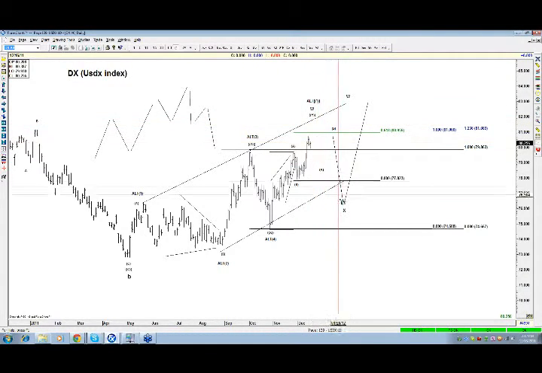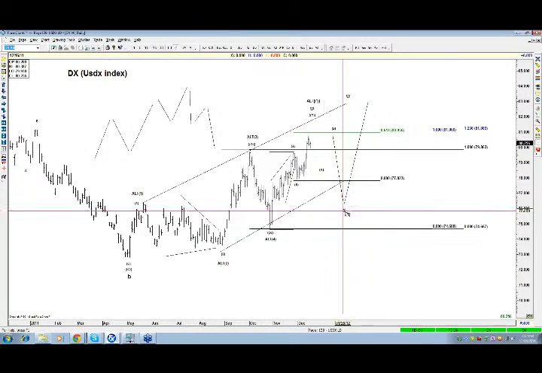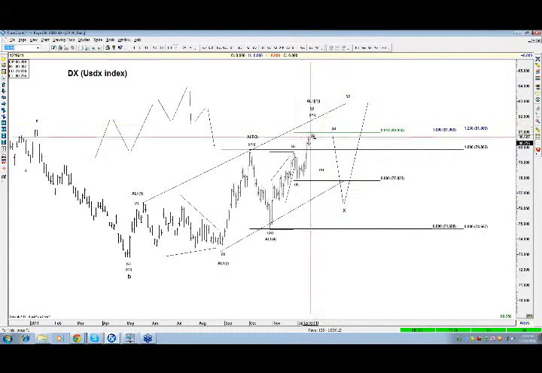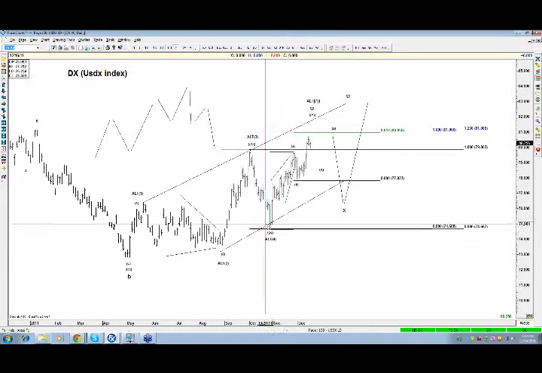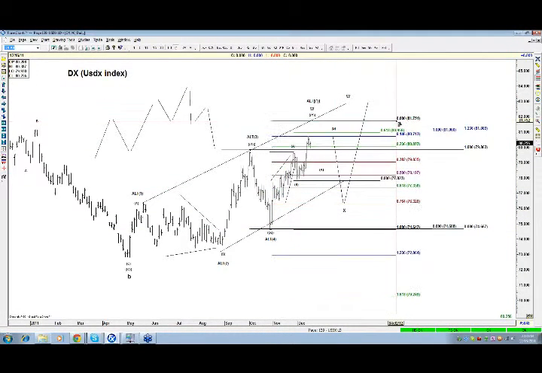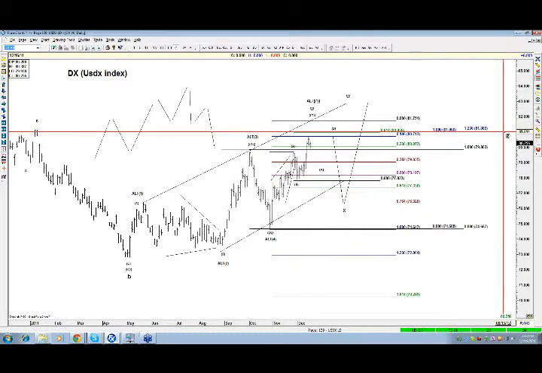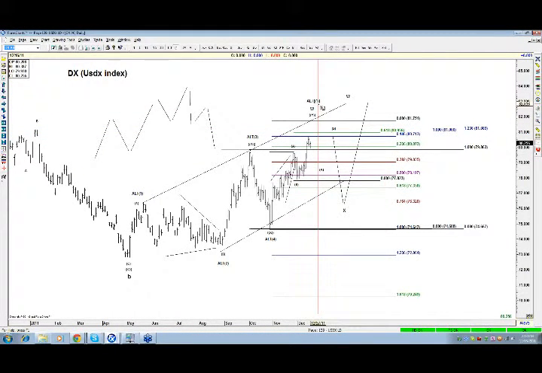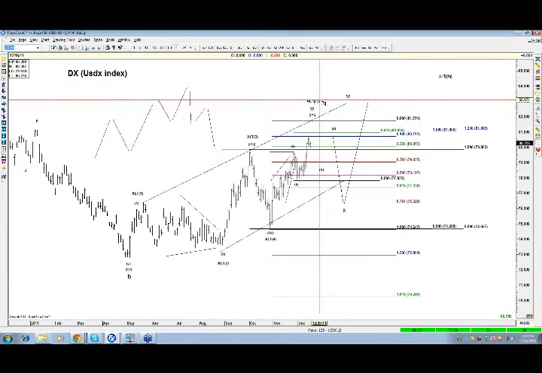Now, with that in mind, we should get a bigger retracement if we are in a double zigzag. In a double zigzag scenario, let's say that we end the double zigzag, technically what's going to happen, let me take some labels away from here.